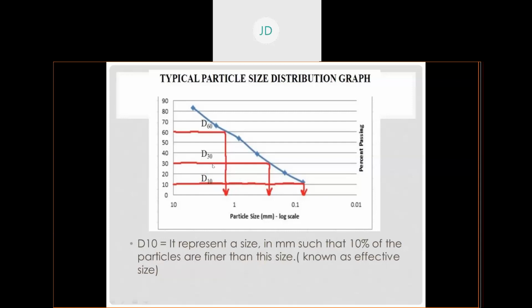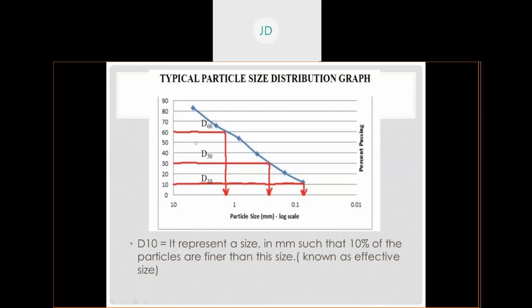You can also find D50, D40, D60, D70, anything. But just try to understand D10, D30, D60. They represent sizes in millimeter such that, for D10, 10% of the particles are finer than that size.